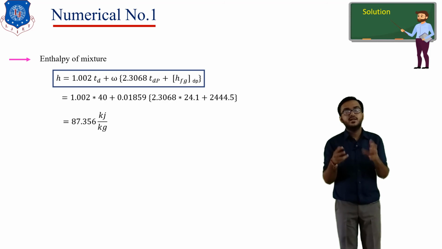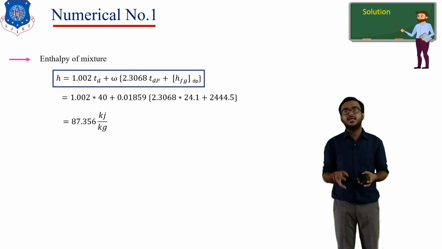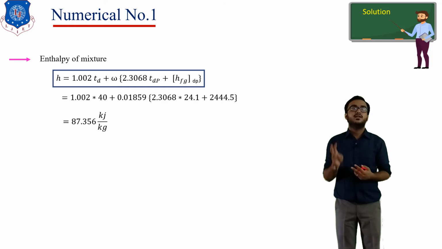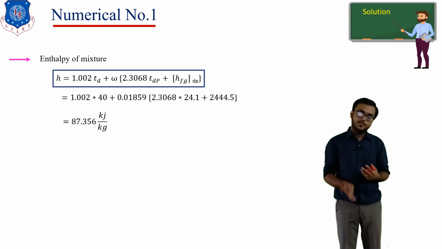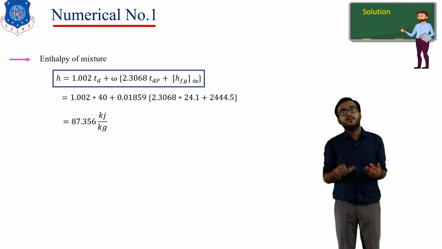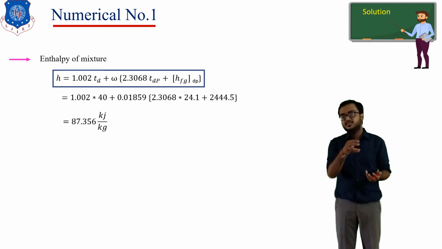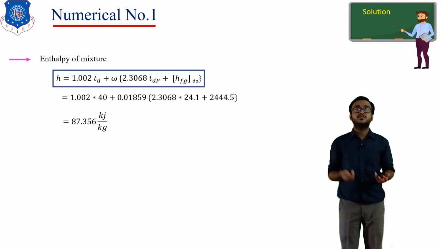In the given example, we have explored the different psychrometric properties, namely specific humidity, relative humidity, dew point temperature, and then enthalpy of air. Likewise, you are able to explore other psychrometric properties. For example, let's say the examiner mentions that we need to find the degree of saturation.